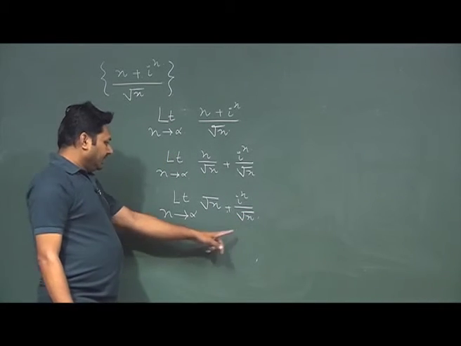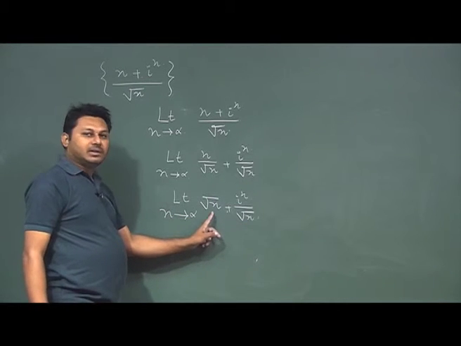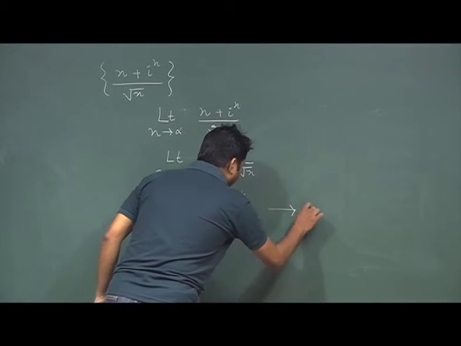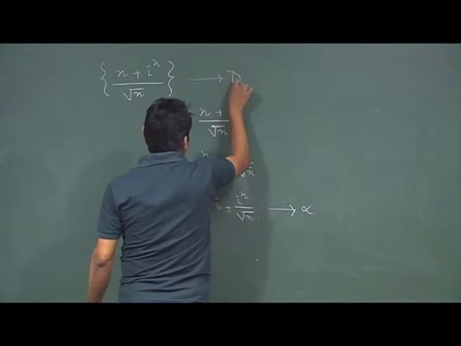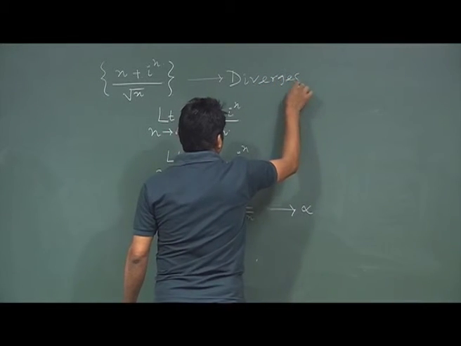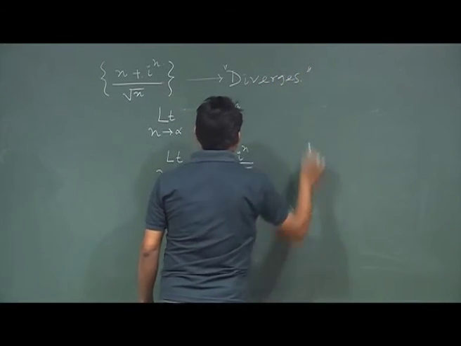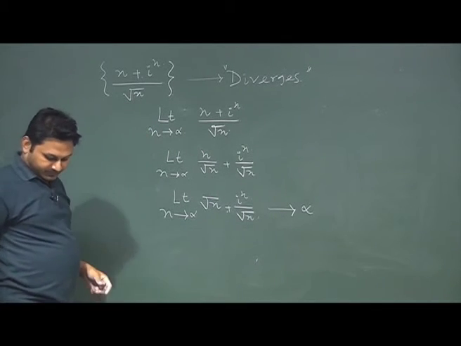When n tends to infinity, this quantity can go to 0, but this quantity is infinity. So the value is infinity, which means this sequence diverges.